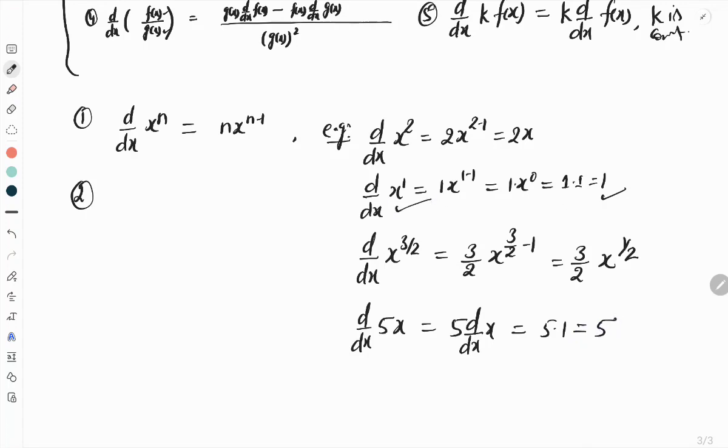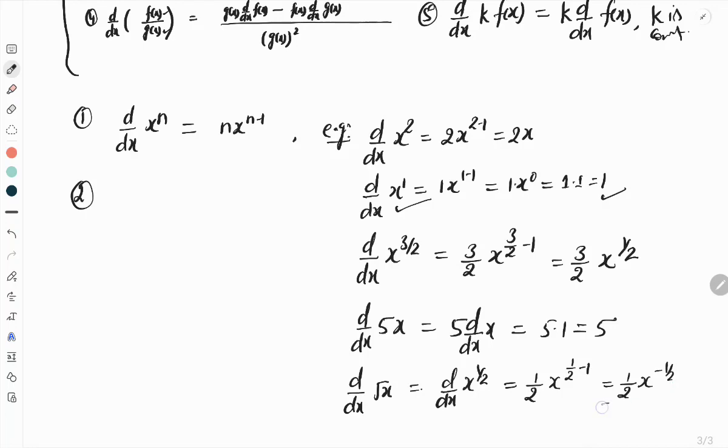You have to remember also that the derivative of x is 1, that is very simple, x power 0 is 1. This is done. One more I told you, remember it: dy/dx of under root x is important. Under root means we have x power 1 by 2, then 1 by 2 outside, x power 1 by 2 minus 1. It becomes 1 upon 2 into x power minus 1 upon 2.